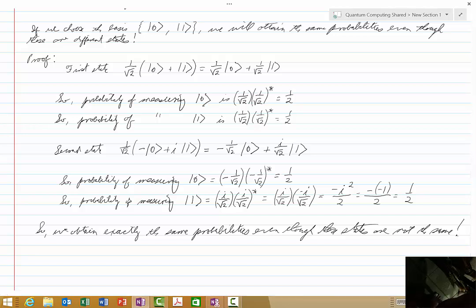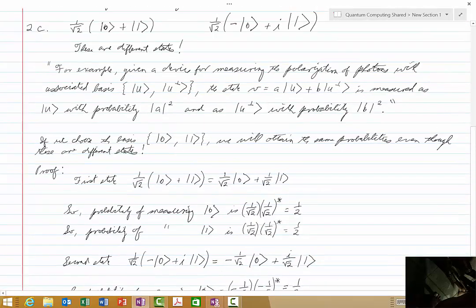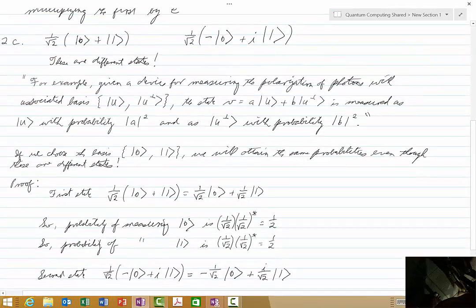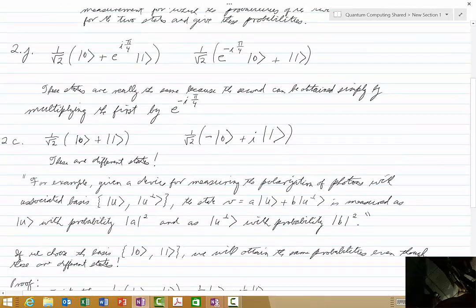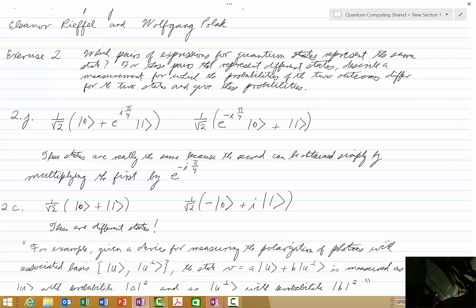But in addition to surprising you, it gives you a bit of a challenge because remember that our task here, going back to the statement of the problem, our task is for those pairs that represent different states, which is the case we have here in problem C, describe a measurement for which the probabilities of the two outcomes differ for the two states.